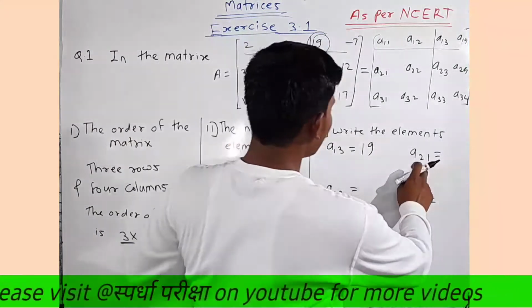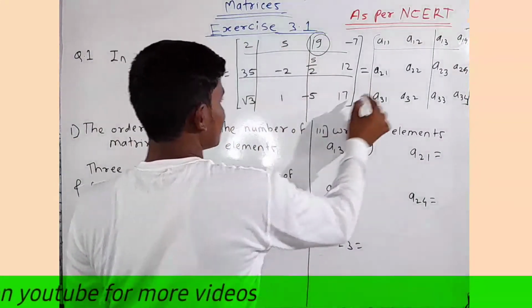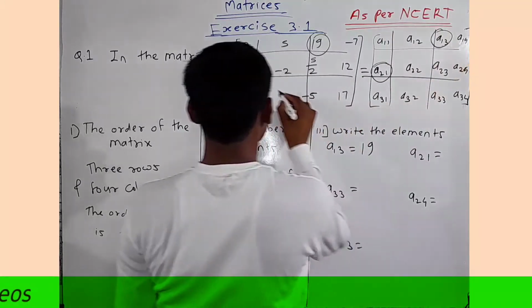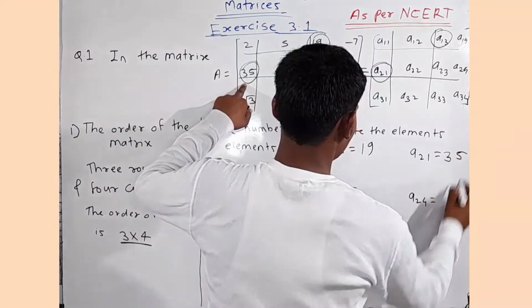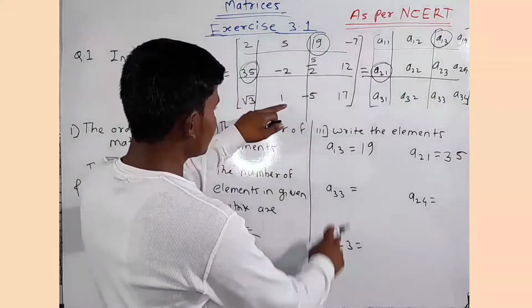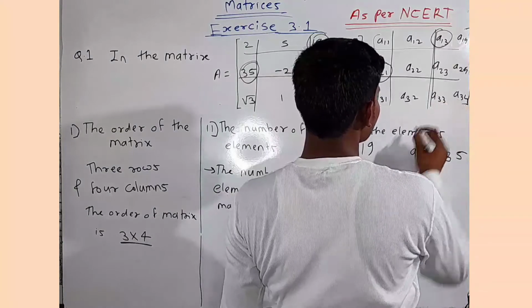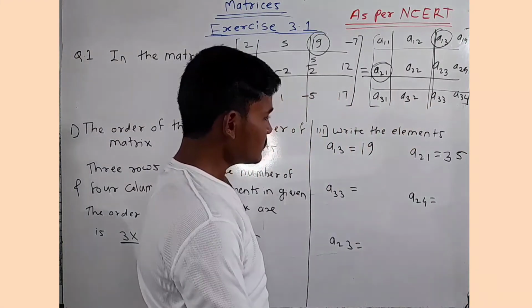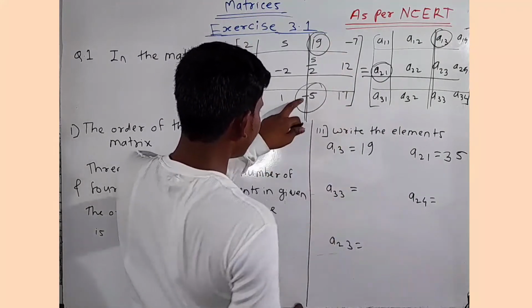Then A21, that is second row and first column, we get this, that is 35. Then next A33, that is third row and third column, so this is minus 5.